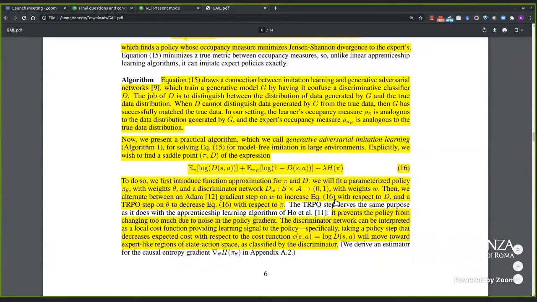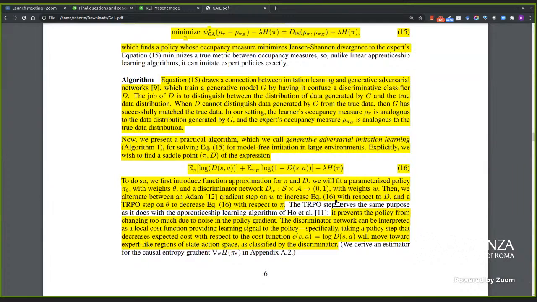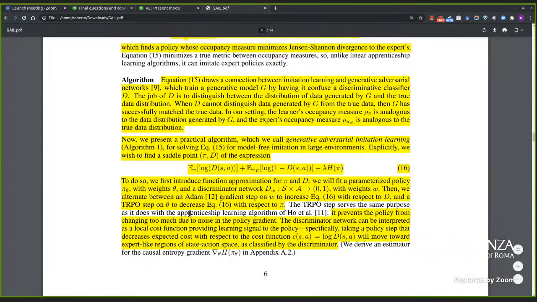To do so, we first introduce a function approximator for pi and D. We will fit a parameterized policy pi theta with weights theta and a discriminator network D in 0, 1 with weights w. Then we alternate between an Adam gradient step on w to increase equation 16 with respect to D and a TRPO step on theta to decrease equation 16 with respect to pi.